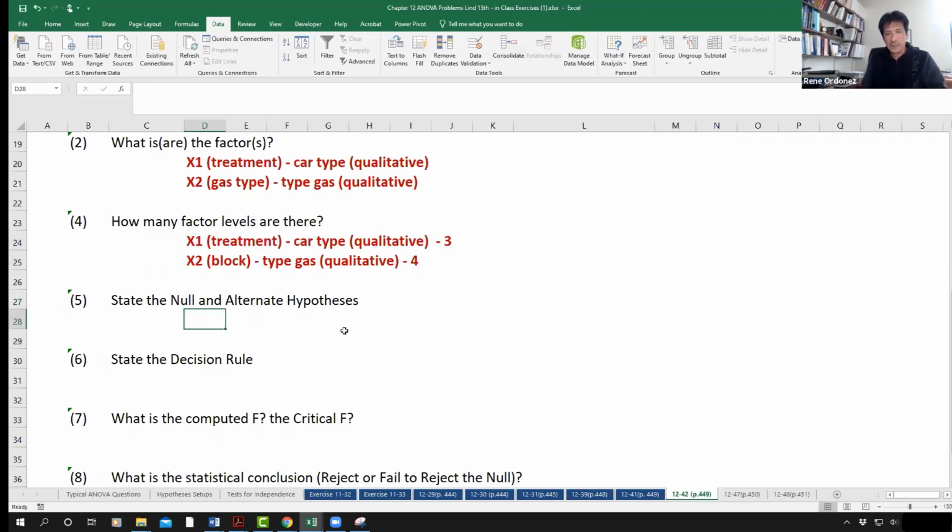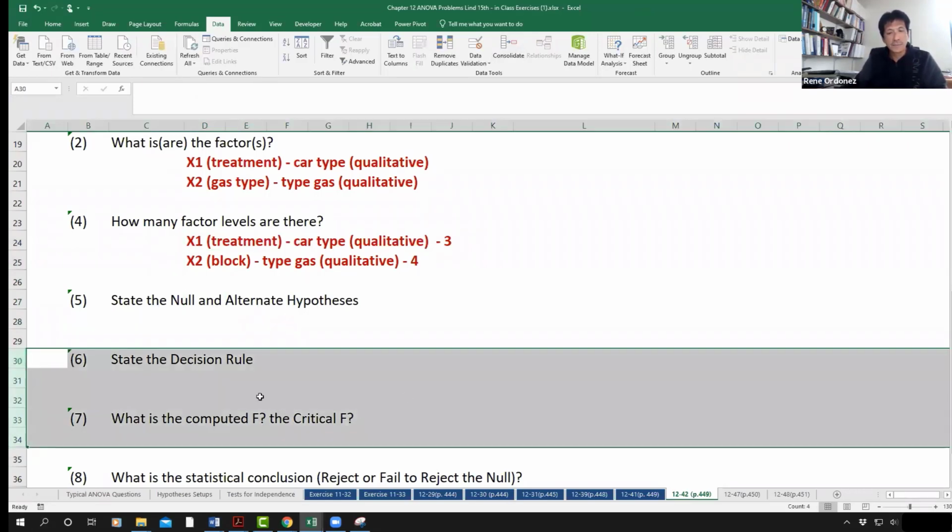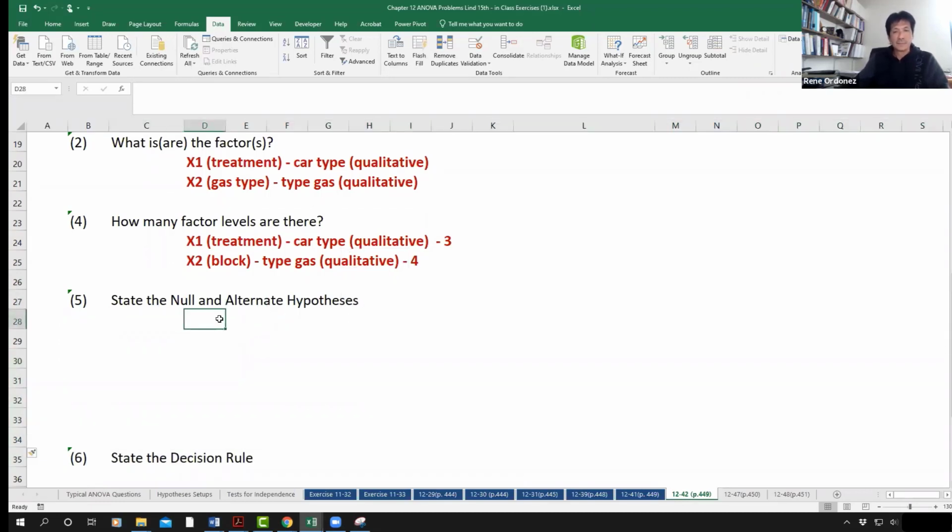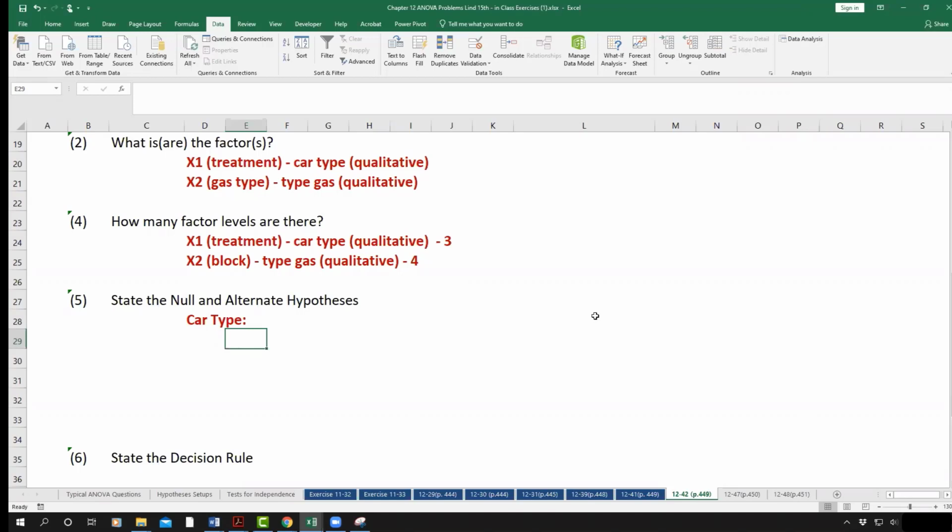So for the null hypothesis, for the car type, okay, what will be the null hypothesis? Shania, you're there? Yes.